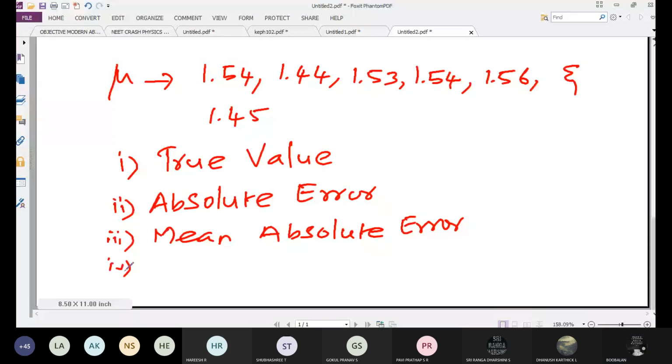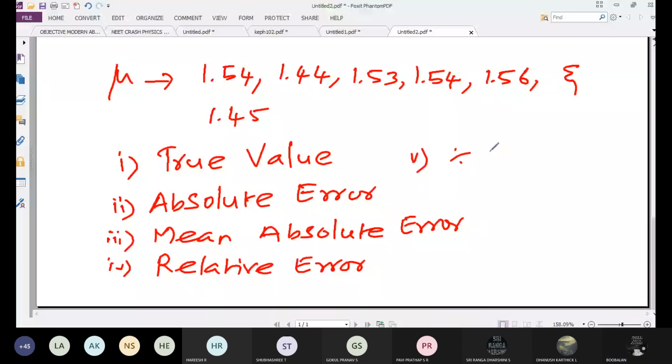Fourth one, relative error. Fifth one, percentage error. Sixth one, range. Range formula: true value plus or minus mean absolute error. Clear? If you have any doubt, now you can ask.